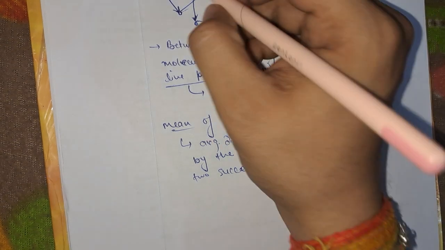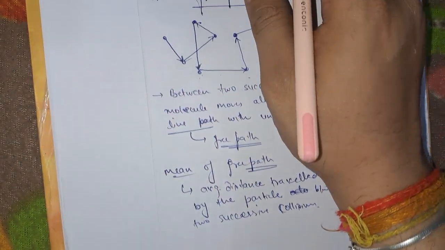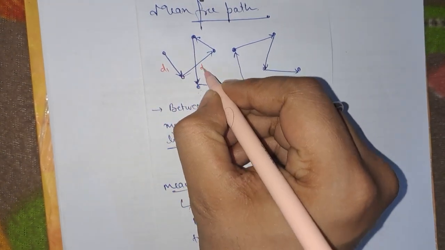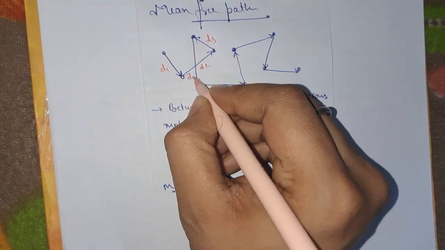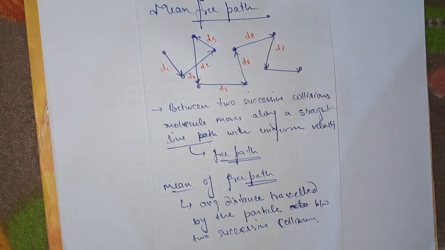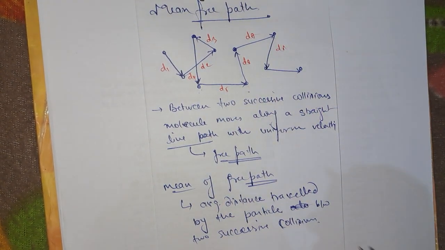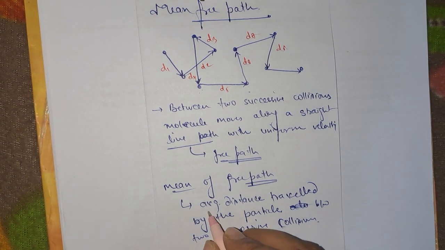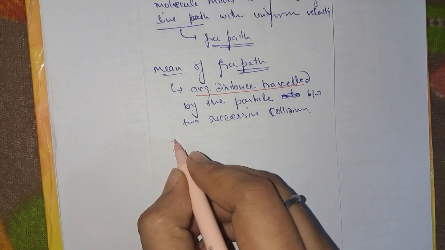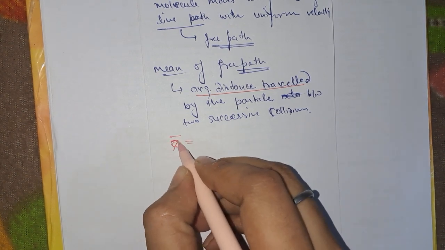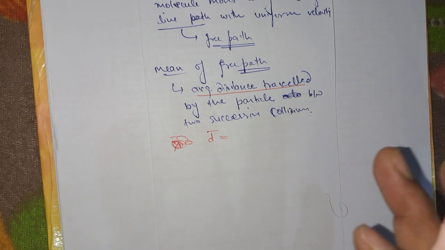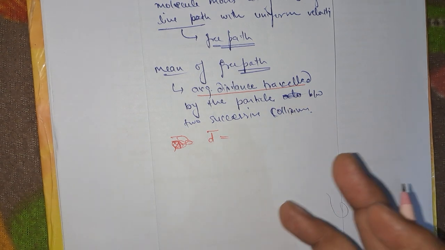Now let us say the distances are d1, d2, d3, d4, d5, d6, d7, d8, dn, and so on. So this average distance traveled is equal to d. In some books there is lambda also.